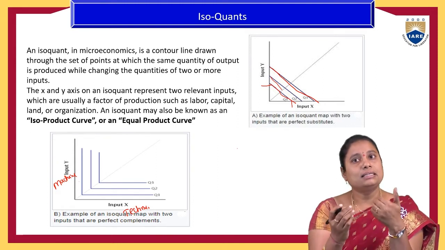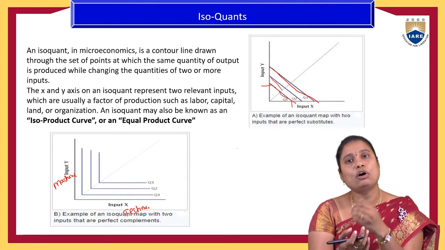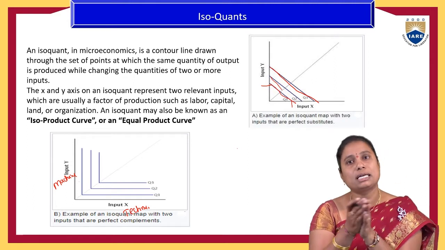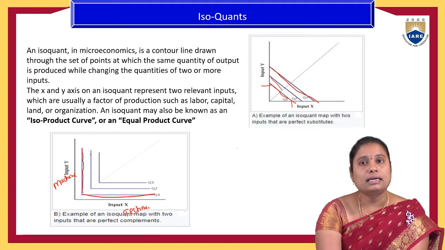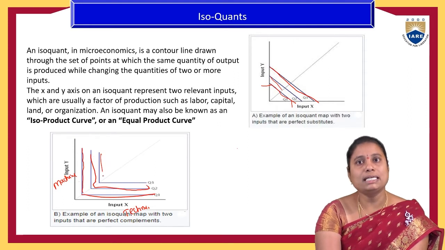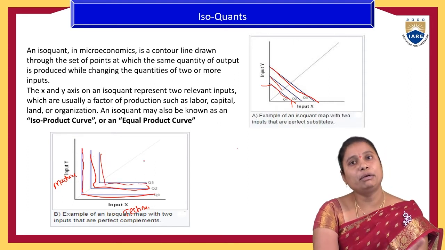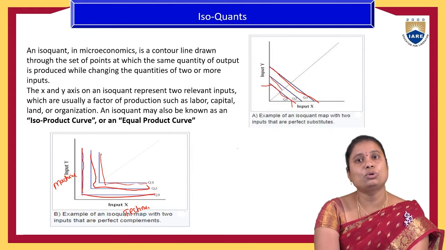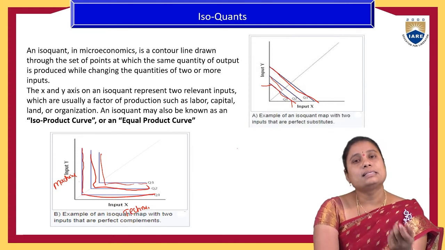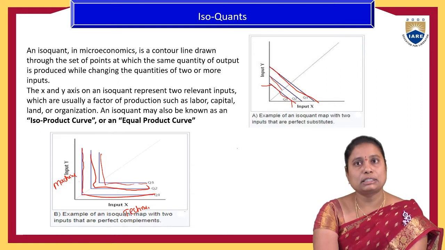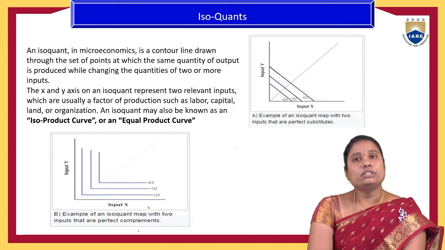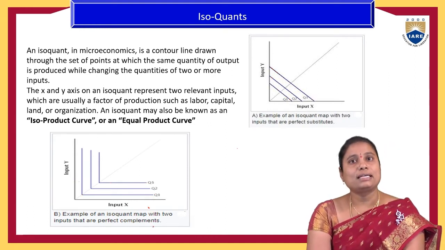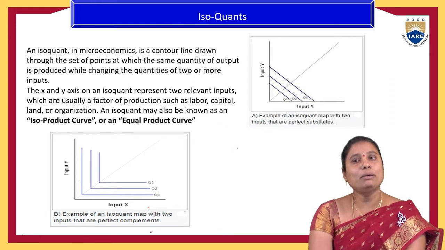In these cases, to get the combination of one input to the other input, the graphical representation will be plotted like this. So the combination of different inputs, either substitutes or complements, which yields the same quantity of output is called the isoquant. This isoquant is also called isoproduct curves or equal product curves for the different types of inputs.